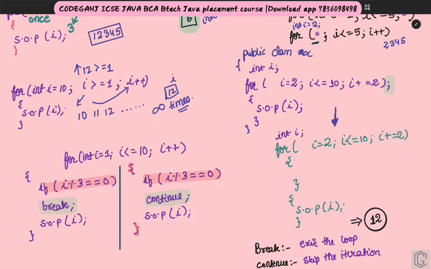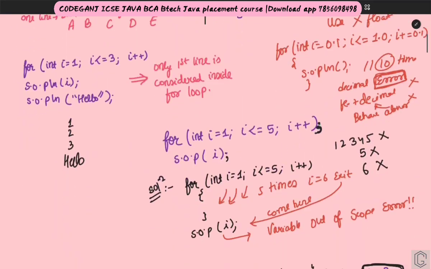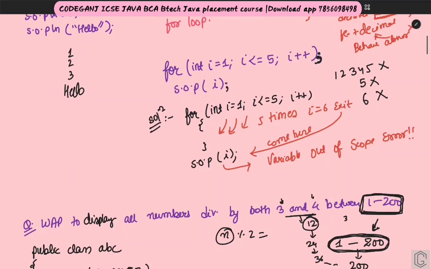It was not inside the for loop. Understood? So this is one critical error that will happen. And these are very interesting and good questions that keep coming repeatedly. It is the same question, you just have to keep a focus on that semicolon, and then see if your i is declared inside the loop or declared globally, outside the loop.